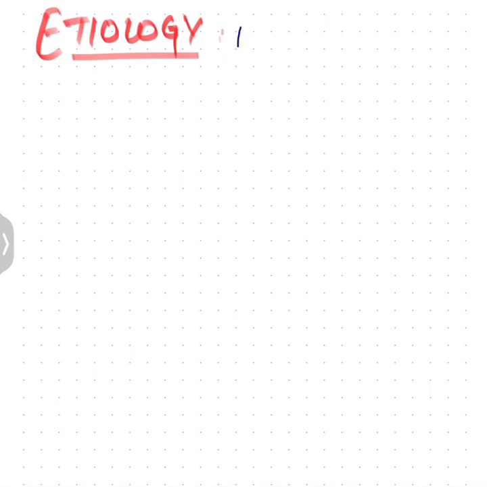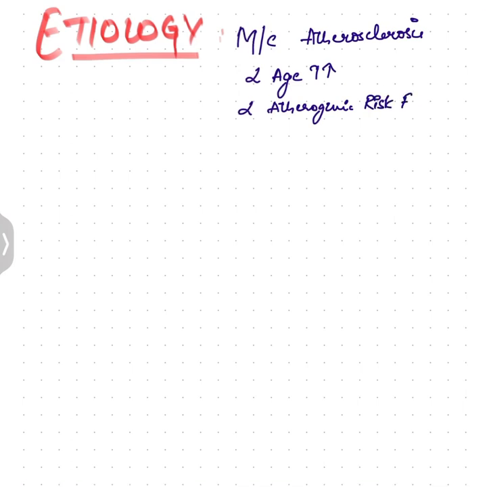Now, the most common cause for this myocardial ischemia is atherosclerosis. And this atherosclerosis is directly proportional to age. So, as the age of the person increases, there's more risk of atherosclerosis. And also, as the age increases, there's more exposure to the atherogenic risk factors.